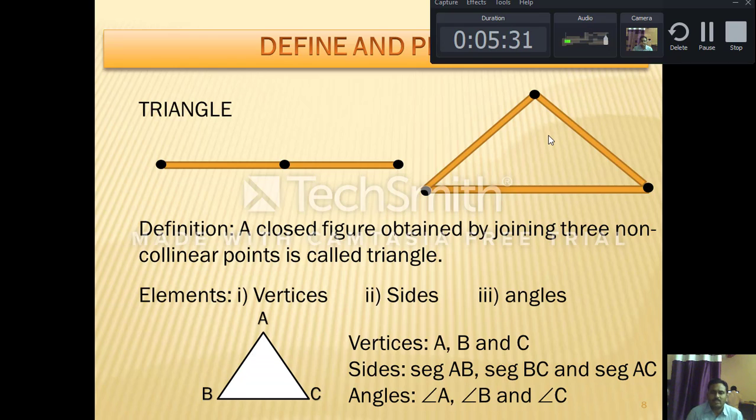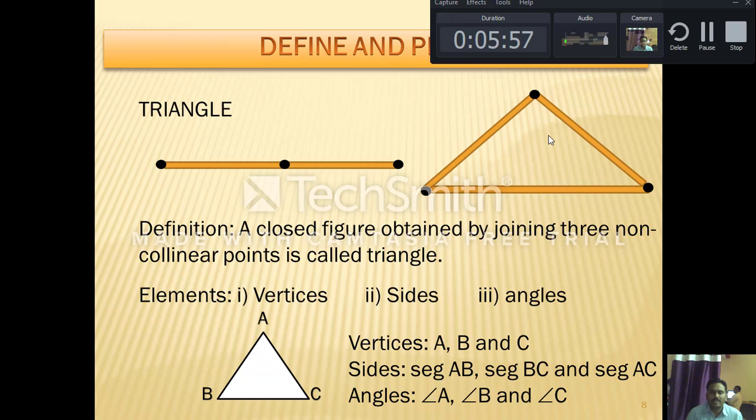A side is the segment joining two vertices. If we observe how many sides a triangle has, there are three sides in every triangle.